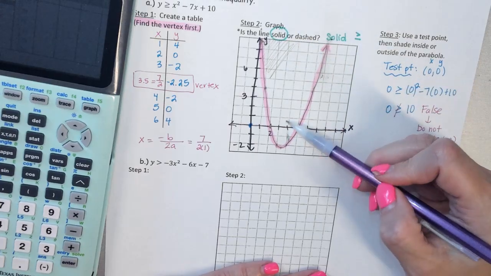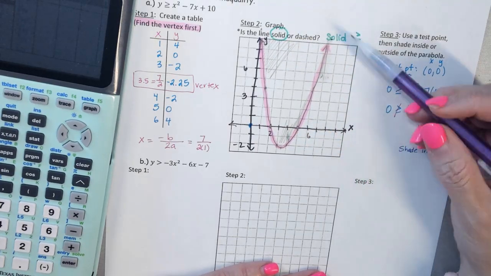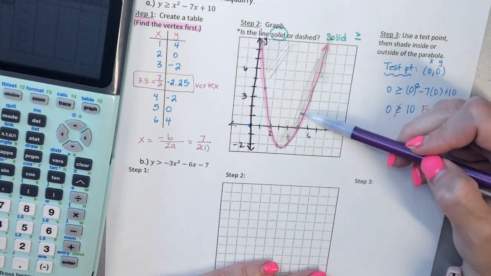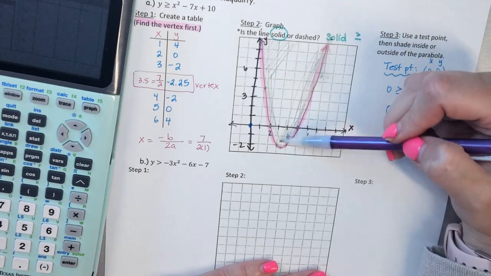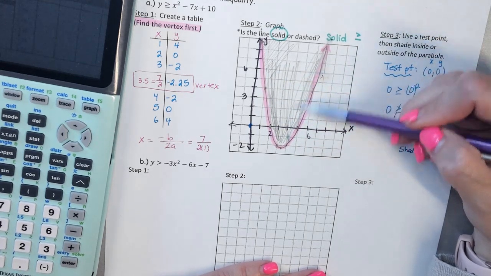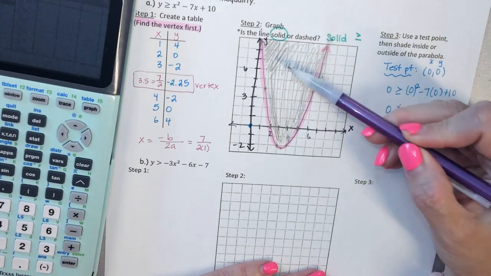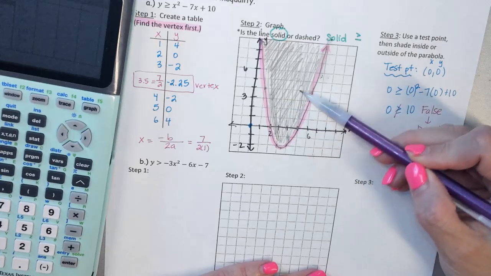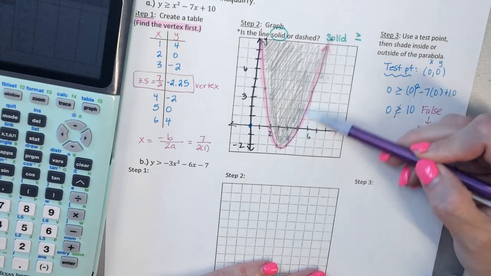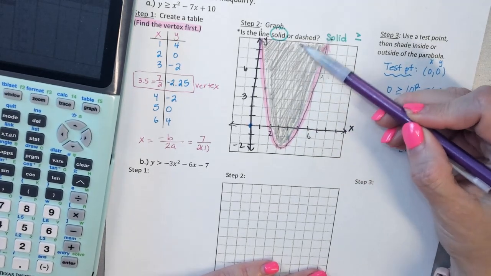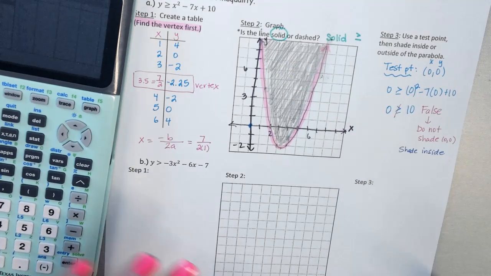So we're going to do a nice shade here. Really let your art skills shine if you'd like to. There we are. So we shaded inside.